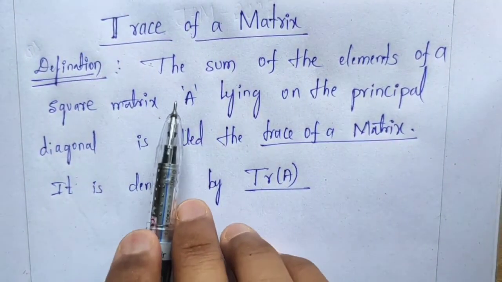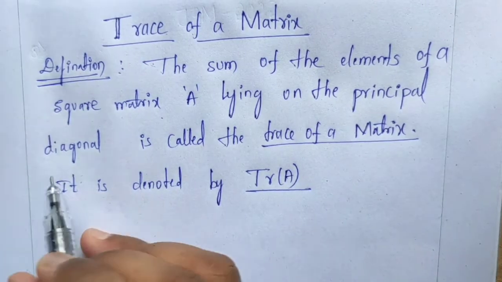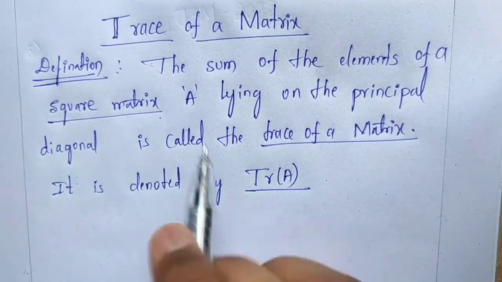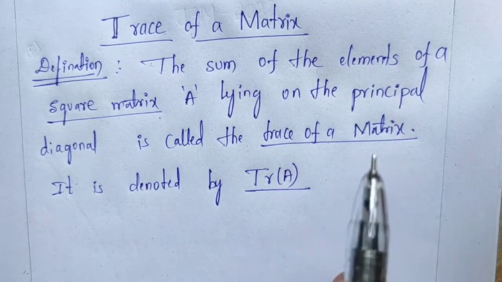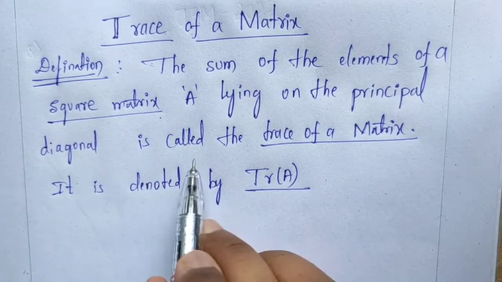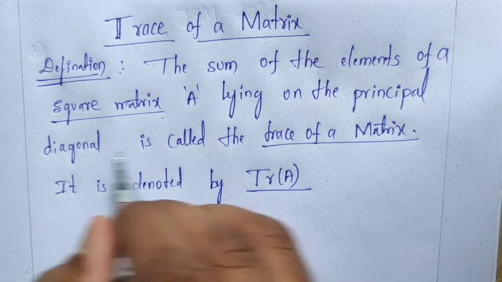Definition: the sum of the elements of a square matrix A lying on the principal diagonal is called the trace of a matrix.